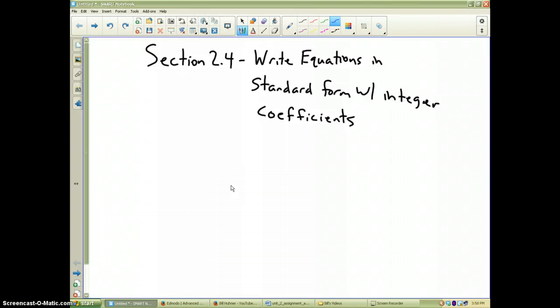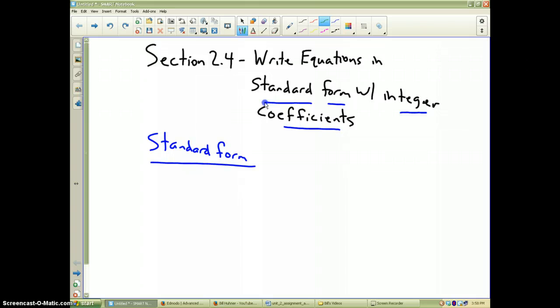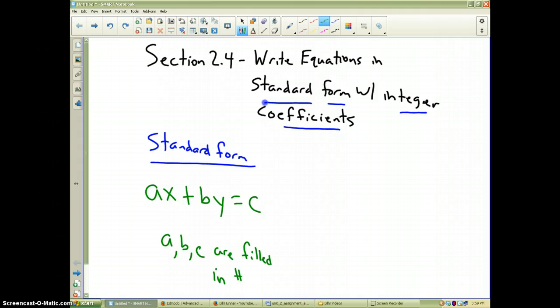Example 3 in section 2.4 deals with writing equations in standard form with integer coefficients. Let's talk about the first part. Standard form, as I have mentioned previously, of linear equations is ax plus by equals c, where a, b, and c are real numbers.